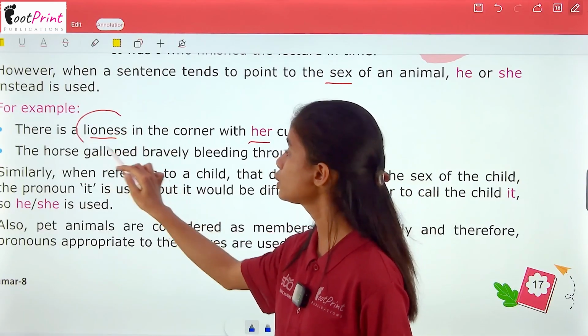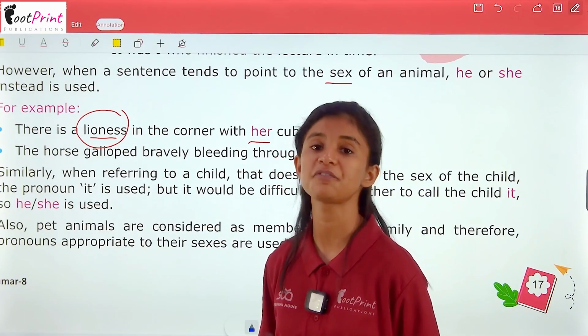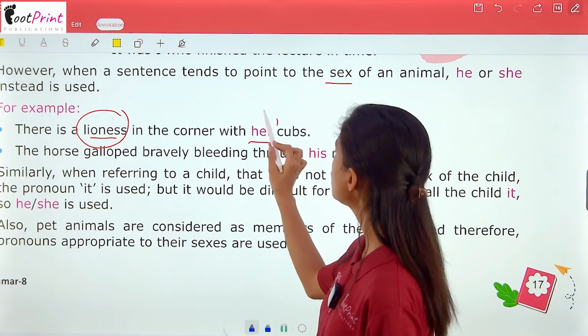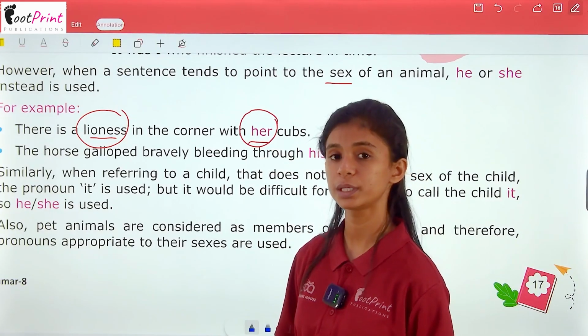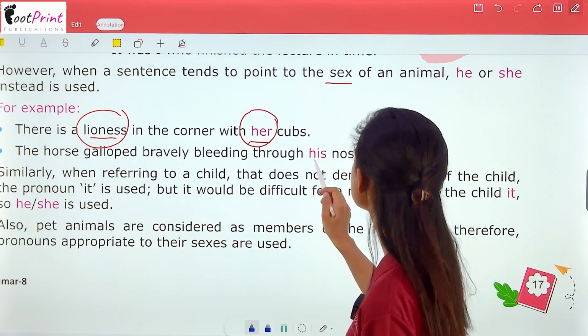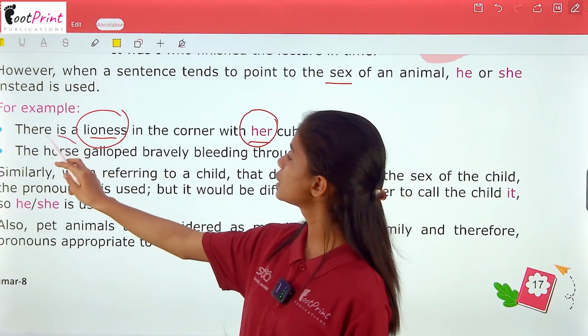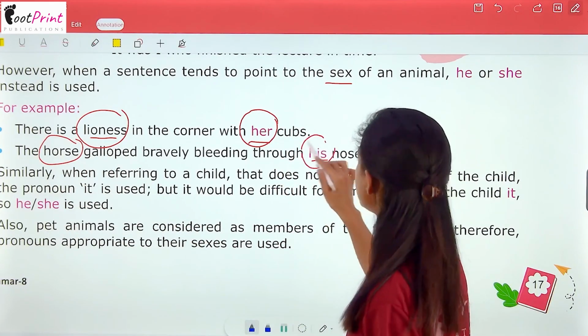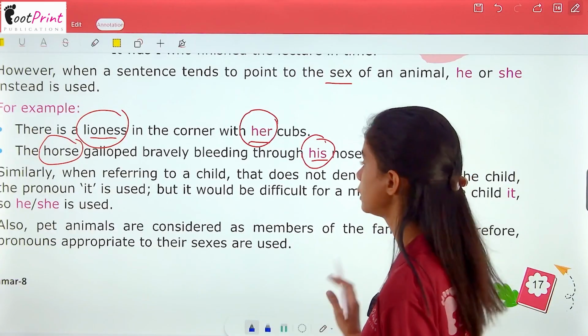Now we know the particular gender of the animal, that it is a female. That's why we are using a feminine pronoun for it, right? Now the horse galloped bravely, bleeding through his nose. Here also we have the gender specific given. So we are using a gender specific pronoun, that is a masculine.